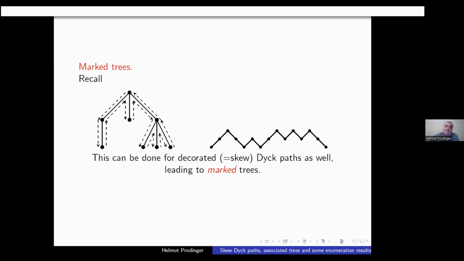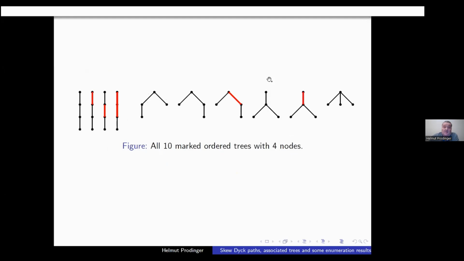And so all these things go both ways. Let's look at 10. So 10 is the number of objects here, and I drew all ordered trees, but some of them have now red edges, and they are all different now in our setting of the marked trees.